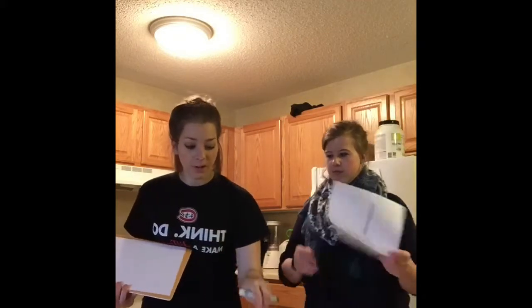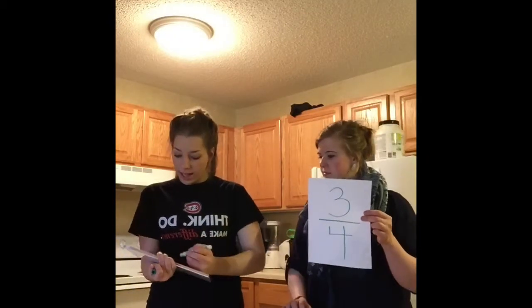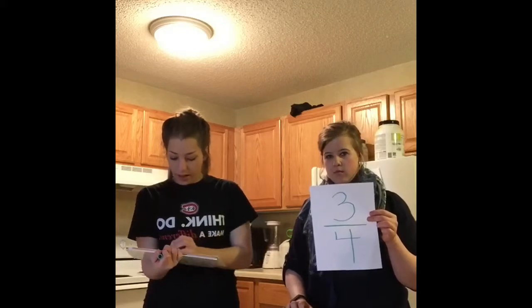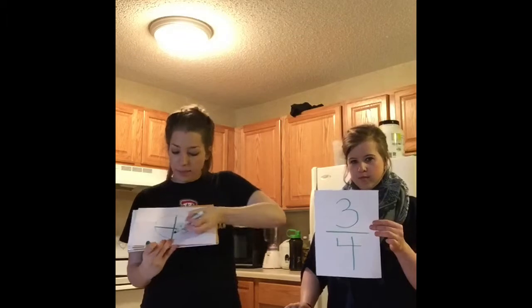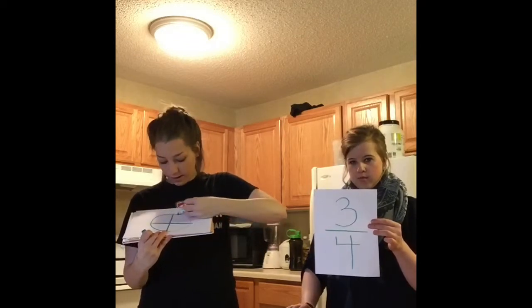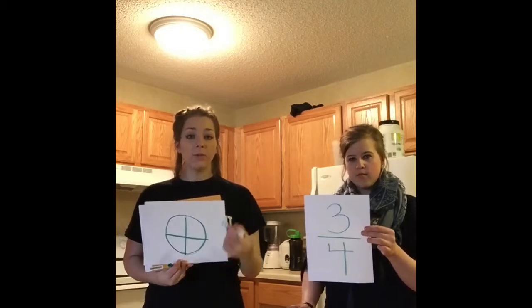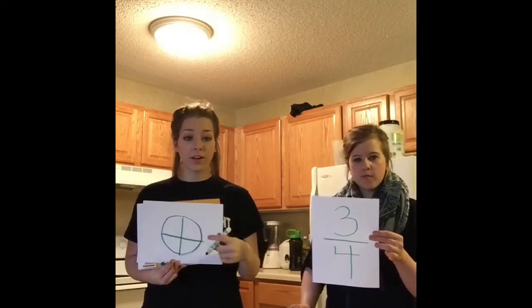So if we try it with another fraction, we'll do 3/4. Let's say we have a pizza right here. Make that a little darker so you guys can see it. We have 4 pieces of pizza, so that's our total. That's how many parts are in our whole.